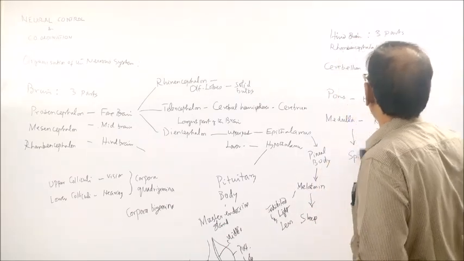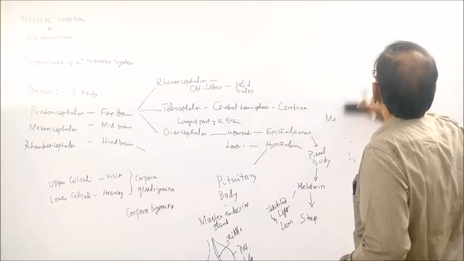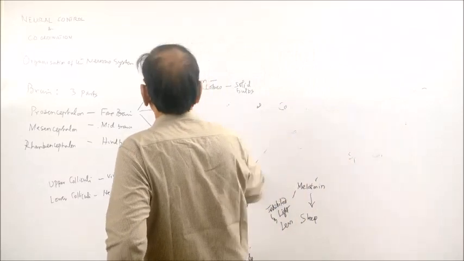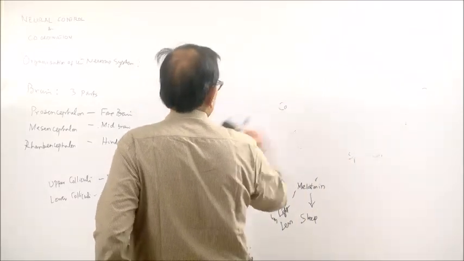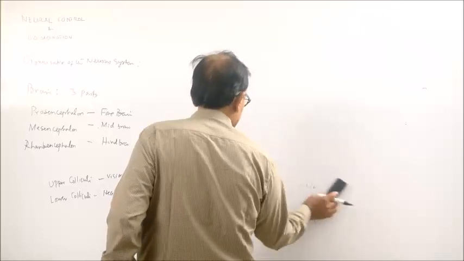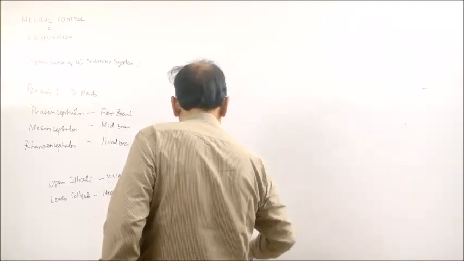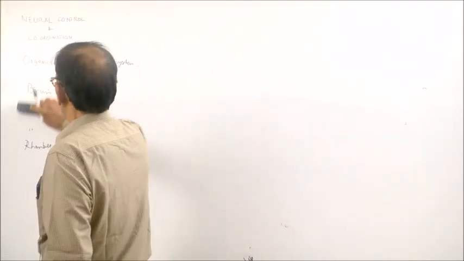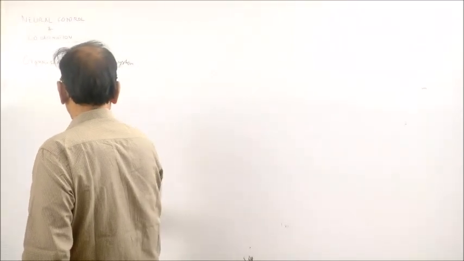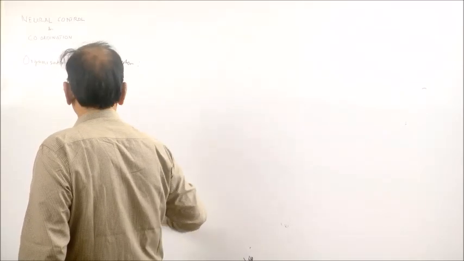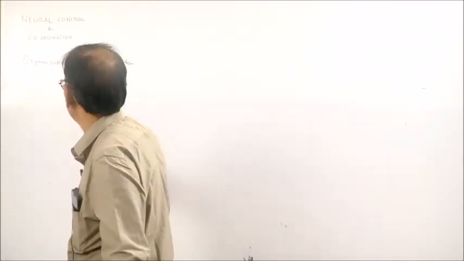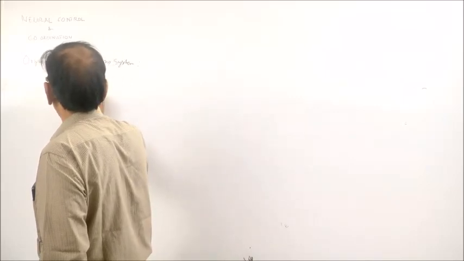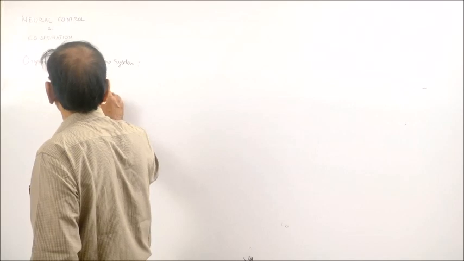Let us devote some time to the cerebral hemispheres. The cerebral hemispheres, or telencephalon, are the largest part of the brain. There are two lobes.